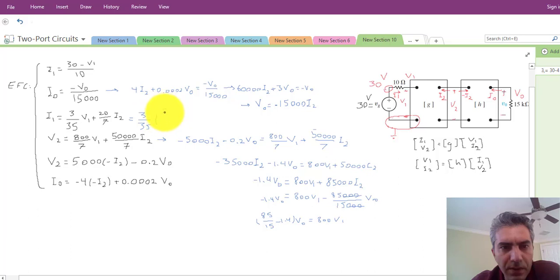It's 85 over 15 minus 1.4 divided by 800 times V out plus 20 divided by 7, but with this definition, so it would be minus 20 divided by 7 times V out divided by 15,000.